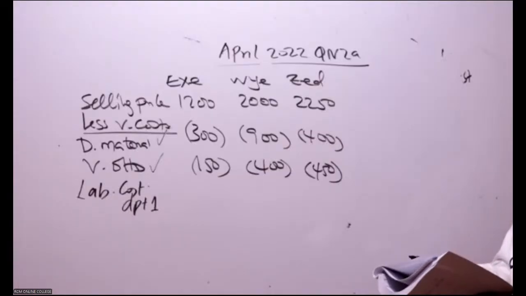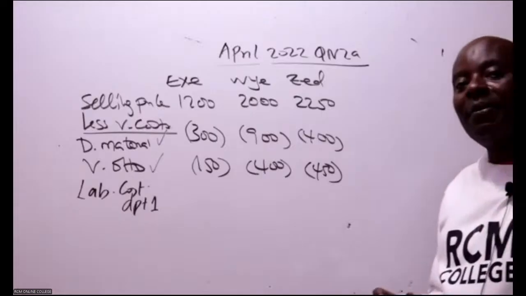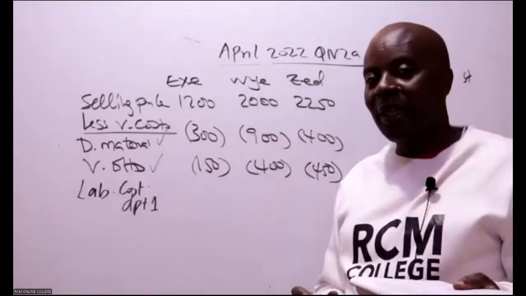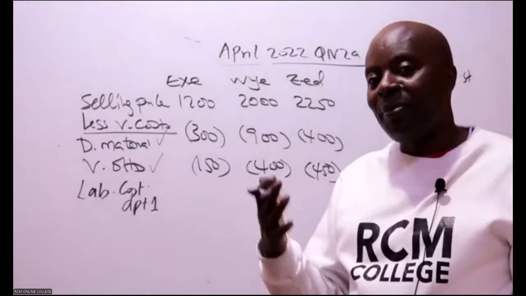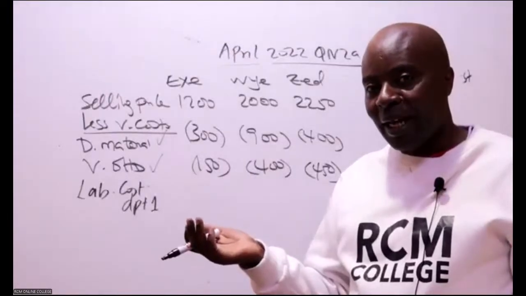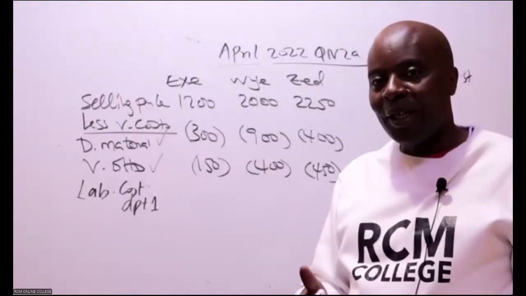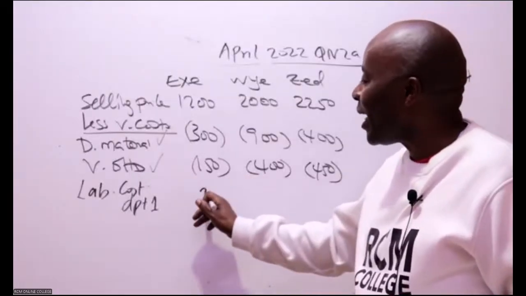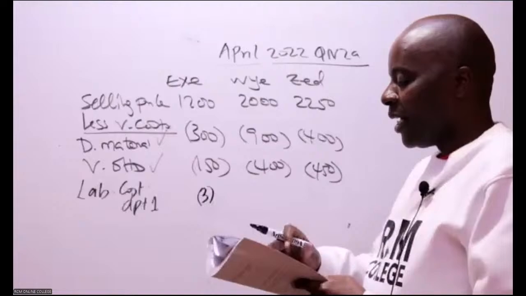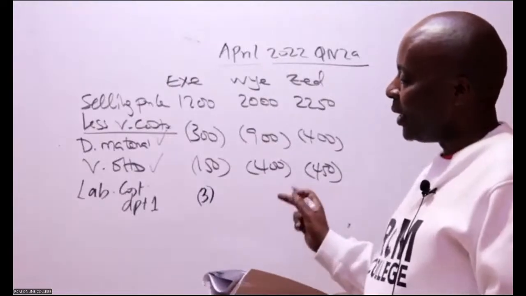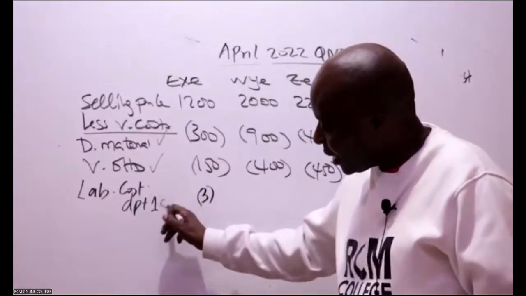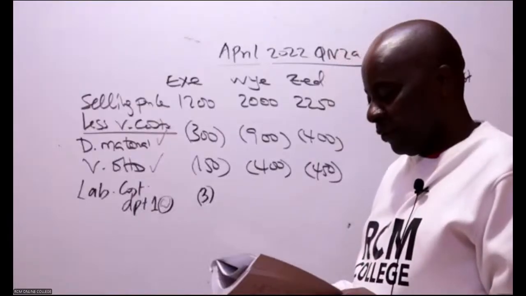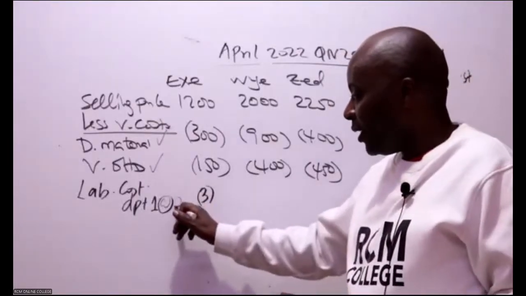Those are hours. At times, ladies and gentlemen, students tend to blame the examiners a lot. But if you get to see your papers after marking, you'll see wonders, because students subtract hours, saying 3, 4. No. They have given us a rate. For department 1, the rate for every hour is 20.